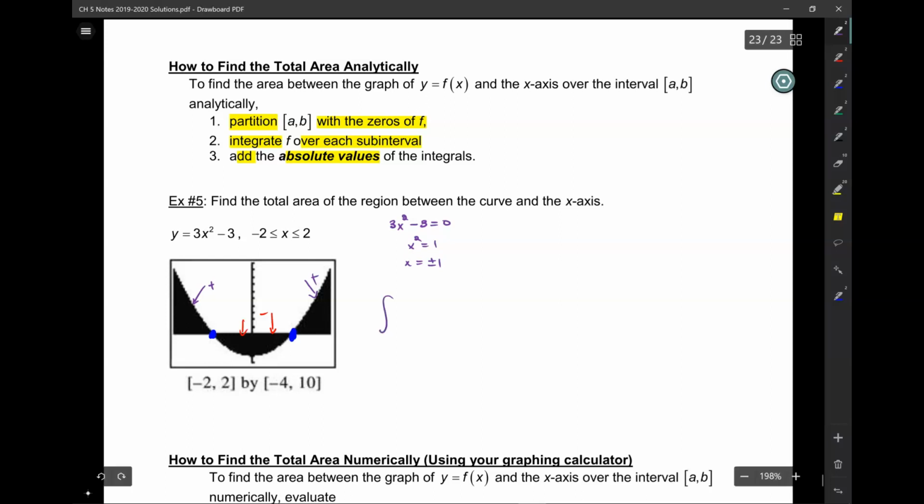This first integral is from negative 2 to negative 1 of 3x squared minus 3 dx. Plus, that second integral is from negative 1 to 1, 3x squared minus 3 dx. But this, because it's in the negative region, I need to take an absolute value of the whole thing.